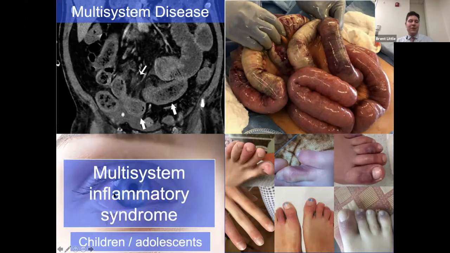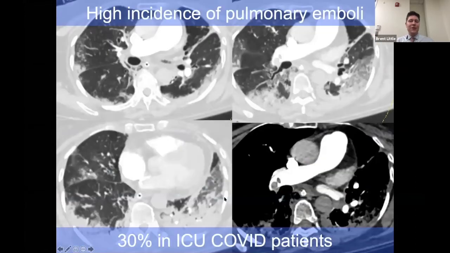And of course, we don't see this a lot in adults, but in children and adolescents, the multi-system inflammatory syndrome that looks a bit like Kawasaki disease and affects all the vessels, including the cardiac vessels, can occur. And there's a high incidence, just to remind you, in both cancer patients and COVID-19 patients of pulmonary emboli. The figures are that up to about 30% of patients in the ICU who have COVID-19 infection can have pulmonary emboli. And Dr. McLoud has done some nice publications on this very phenomenon.